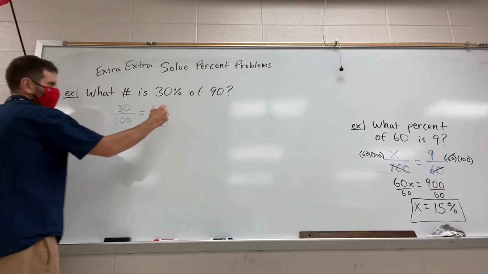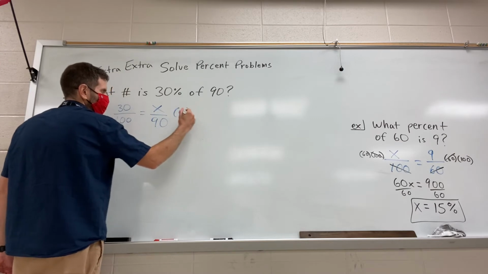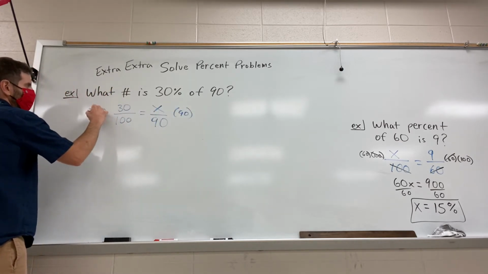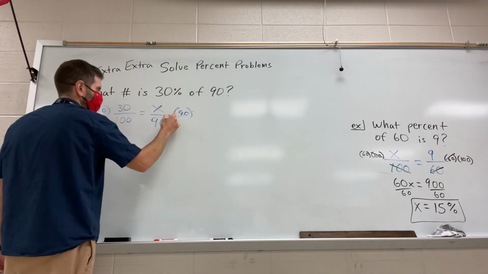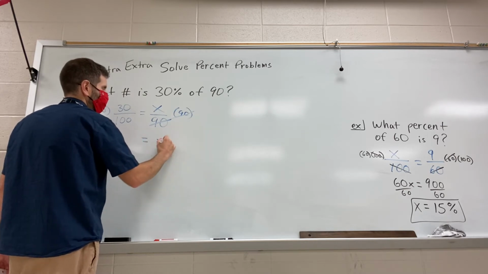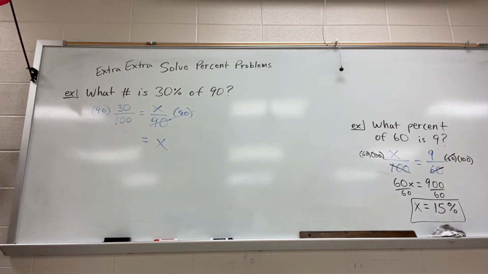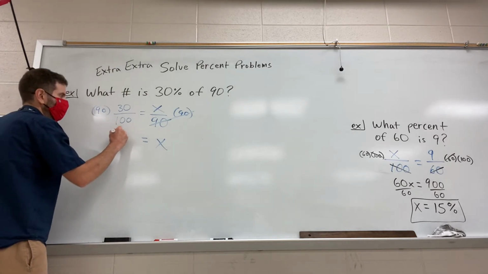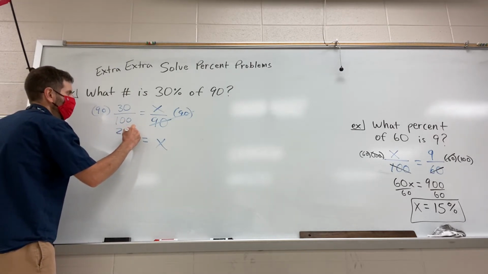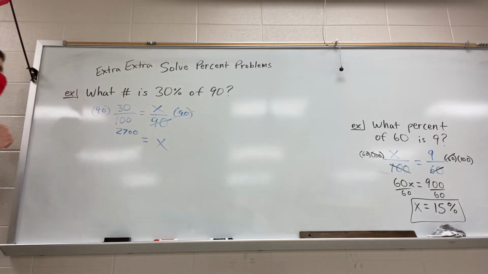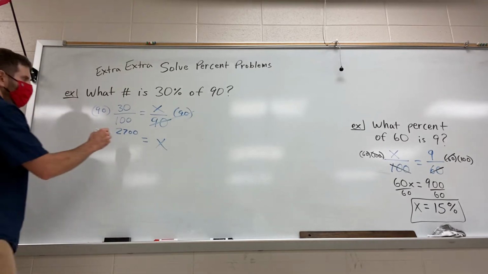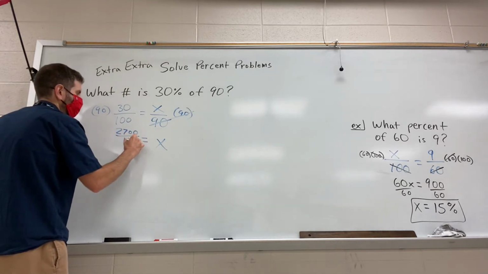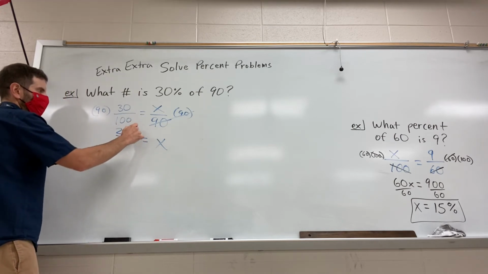And this time I'm just going to multiply by 90. Both sides, multiplication property of equality. And just like that, I'm going to get x by itself. And then over here, we're going to get 2,700 divided by 100.